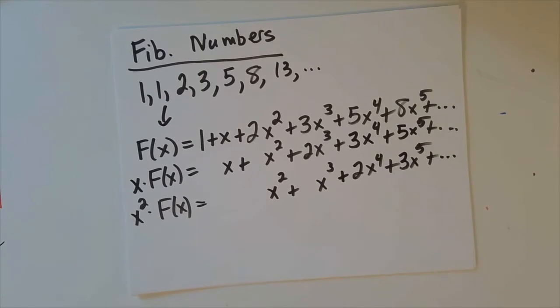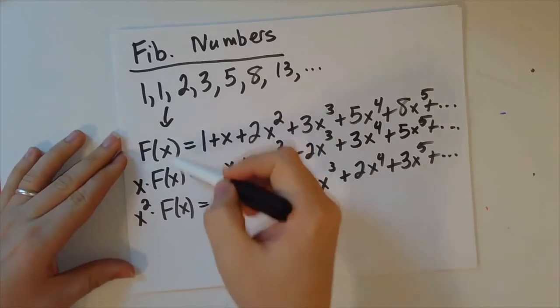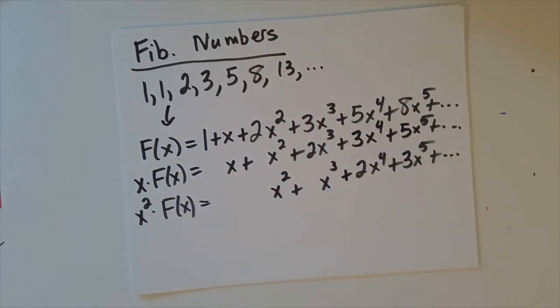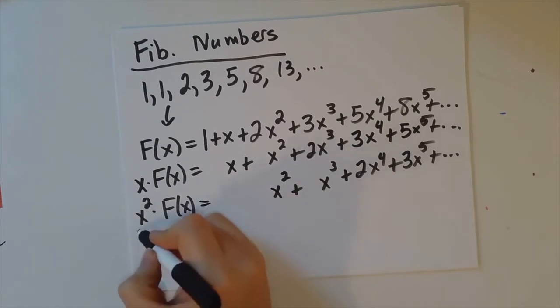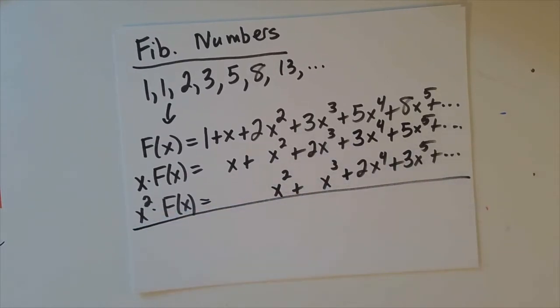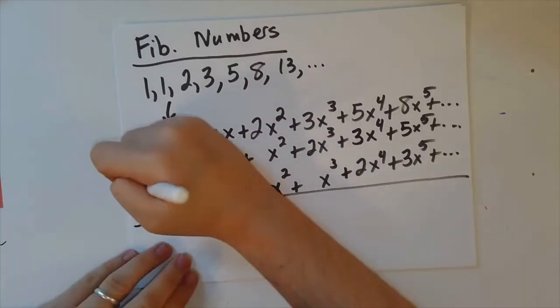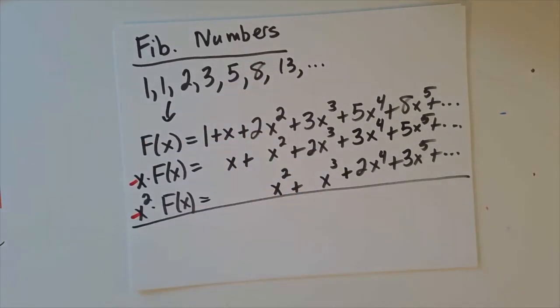Okay, and so a thing you might notice here is that if I start with the first line and then I subtract the next two lines from it, I get something rather clean. Okay, so I am going to imagine here that I am subtracting this and I am subtracting that.